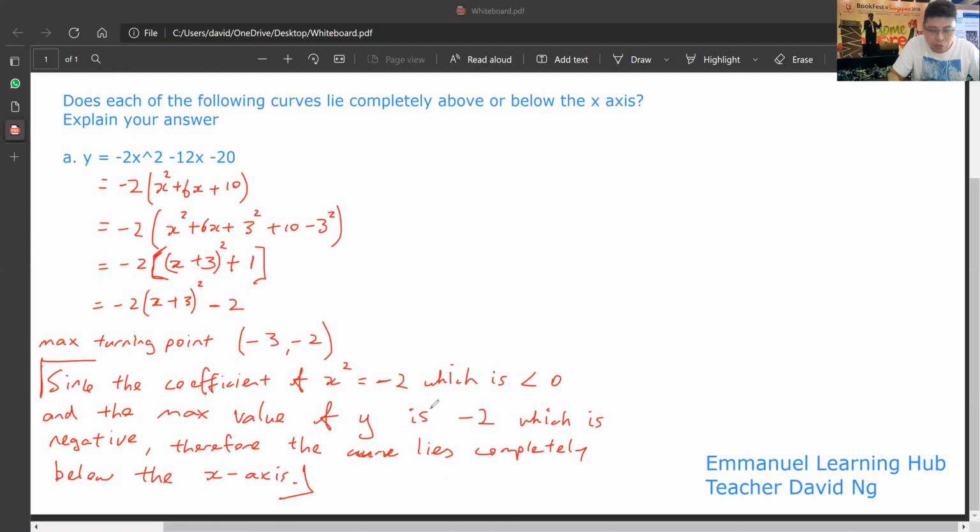Because the coefficient of x squared is -2, which is less than 0. And the max value is -2. Therefore, the curve lies completely below the x-axis.